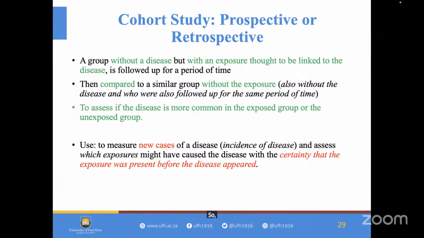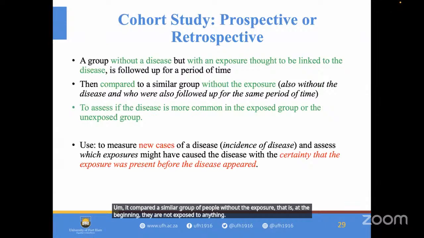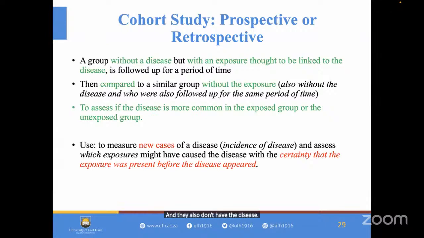We'll get there, right? So typically, a cohort study compares a similar group of people without the exposure. That is, at the beginning, they are not exposed to anything, and they also don't have the disease. Then you follow them up every 5 years or every 2 years or every 6 months, depending on the timeline that you set for the study design. And then you follow them up until they experience a particular health event.